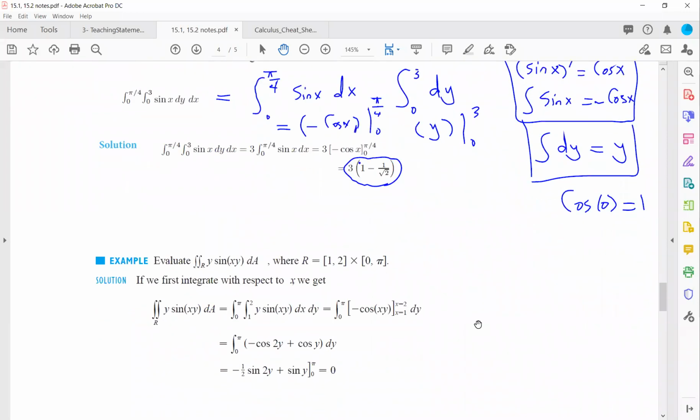Next example. Suppose R is given as a rectangle, x from 1 to 2 and y ranges between 0 to pi.